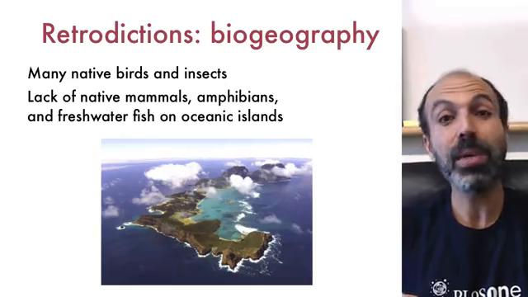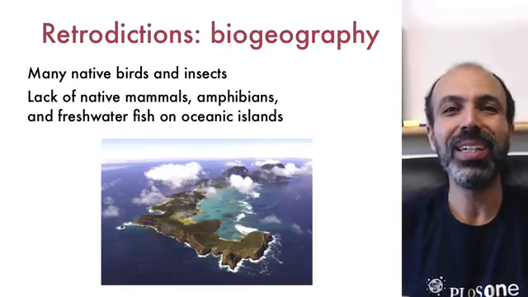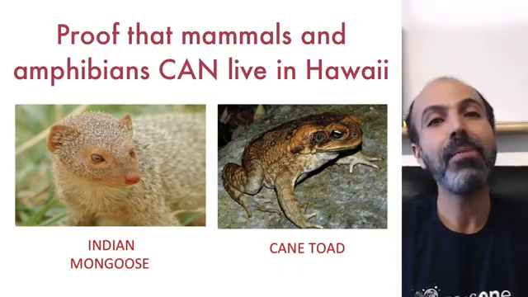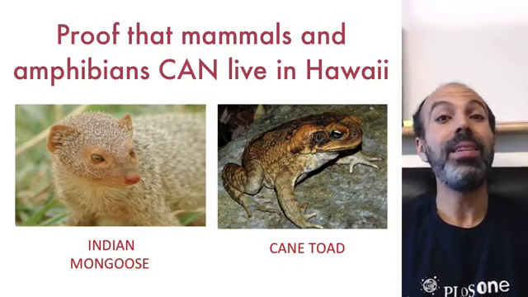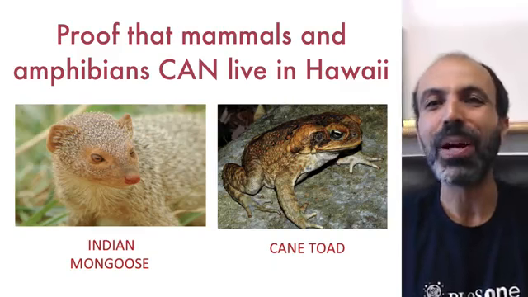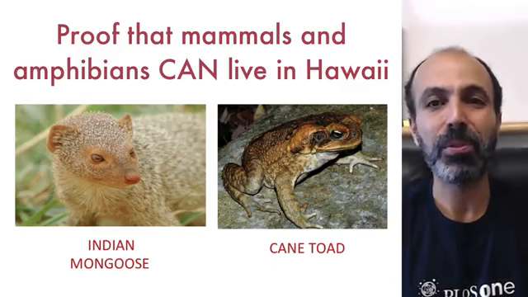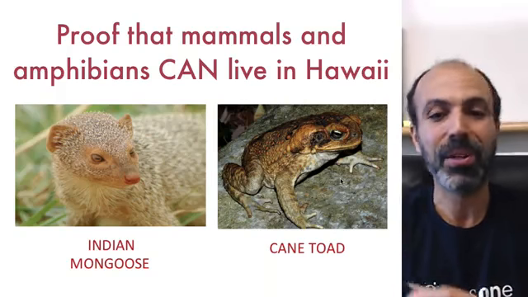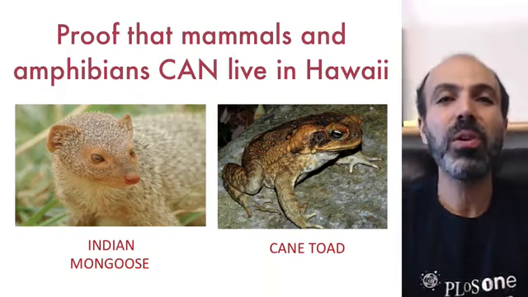Well, we can test, and we have in fact tested unintentionally, the latter hypothesis. Mammals and amphibians have been introduced to isolated oceanic islands, and they do extremely well sometimes. Here are two examples from Hawaii. The cane toad, which was also introduced to Australia, which is both a continent and a very large island, has done extraordinarily well there.